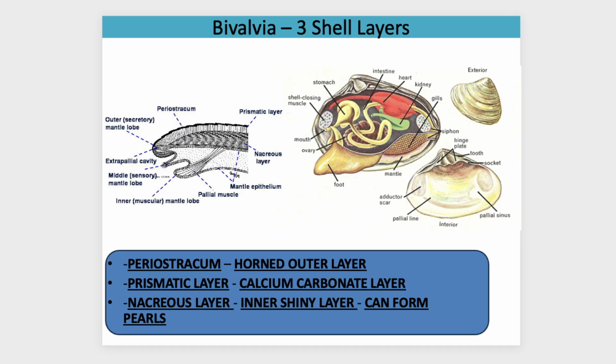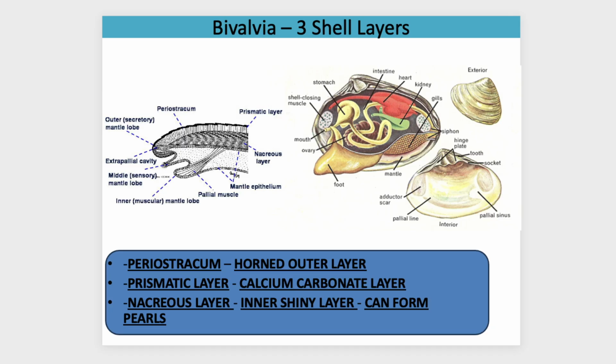And the nacreous layer is pretty interesting. It's shiny, it's iridescent really in the color that it has. And what it does is it produces something called nacre. What nacre does is it creates a lining so that the soft tissues are protected from that rough calcium carbonate. So none of those soft tissues and organs get scratched or damaged or irritated.